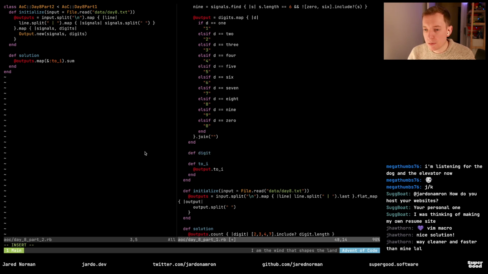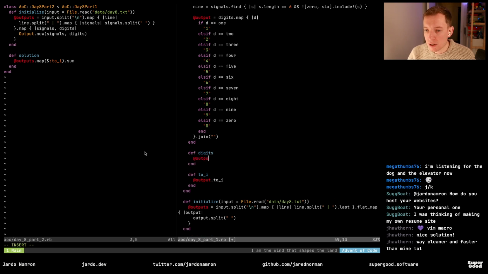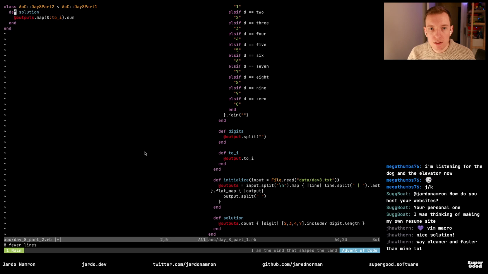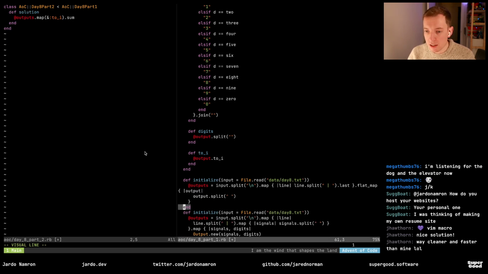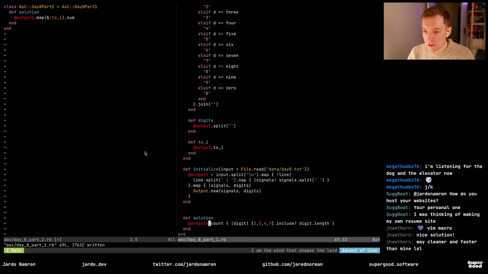I'm going to just expose a digits method here that returns output.split. I'm going to take this constructor, move it over here, and then we're going to output dot what was I doing? Oh, right. This is so output dot digits.